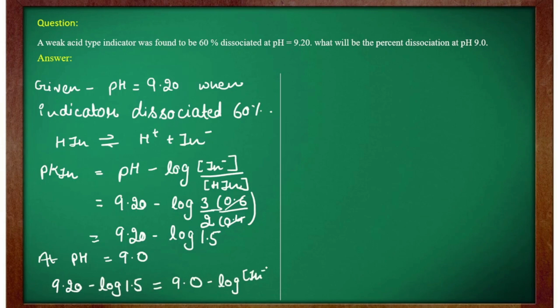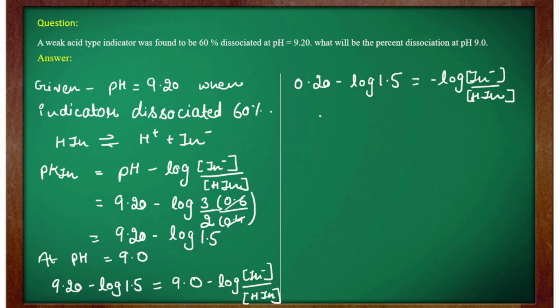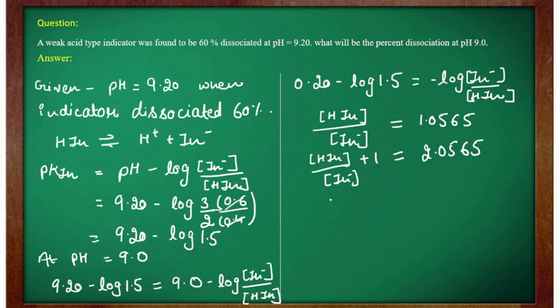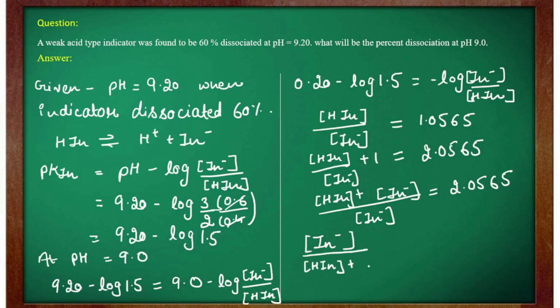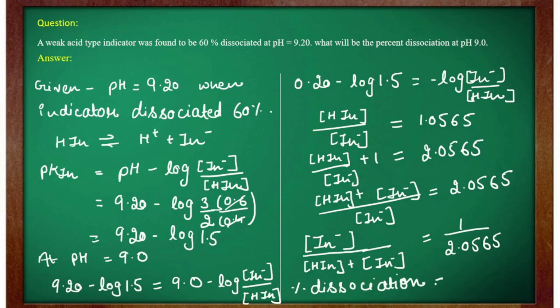After putting the value of pKin and pH, we get the ratio of indicator in acid form divided by indicator in dissociated form. By adding 1 on both sides, we get the ratio of total indicator concentration divided by indicator ion concentration, which is equal to 2.0565. By doing the reverse of the above equation, we get the percentage dissociation at pH 9, which is equal to 48.62%.